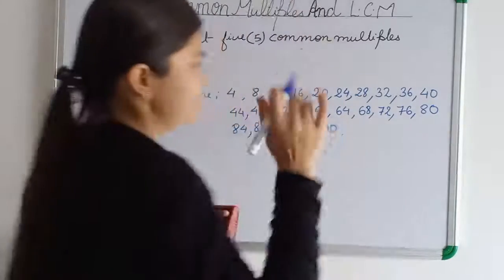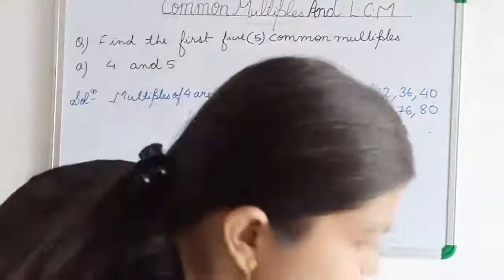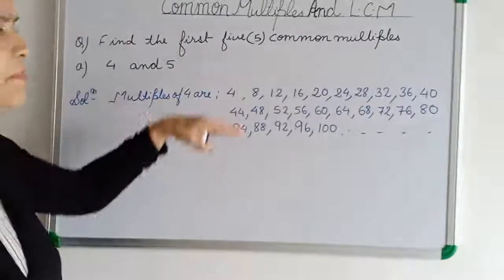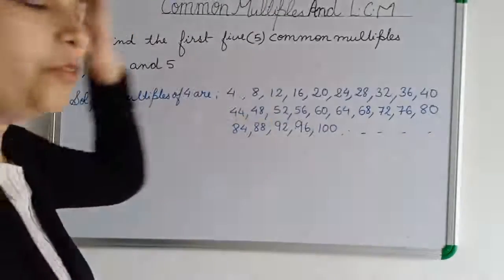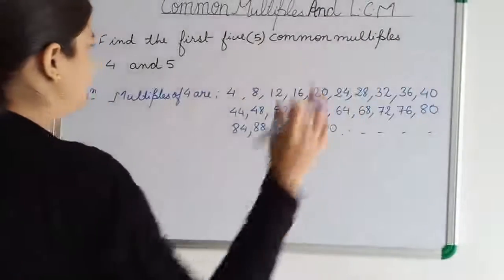Like that you can go further also. Let's see if we are getting 5 common multiples here or not. Otherwise we will go on multiplying and find more and more multiples of 4.